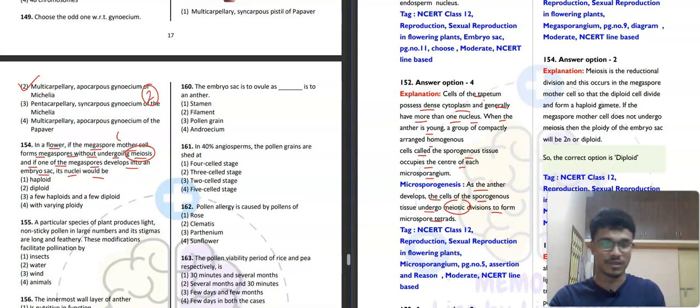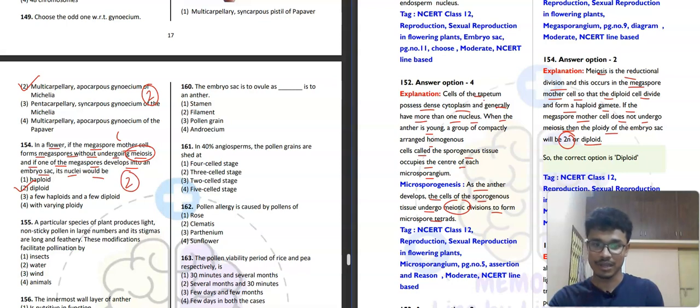So what is meiosis? Meiosis is basically the reductional division, and this occurs in megaspore mother cell, so that the diploid cell divides and forms haploid gamete. What is happening is from diploid to haploid gamete. So if the megaspore mother cell does not undergo meiosis, then the ploidy level of the embryo sac will remain the same, or diploid, 2N or diploid. So the correct answer will be the second option, diploid.